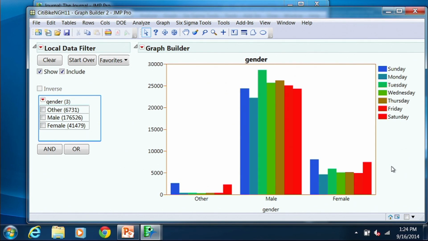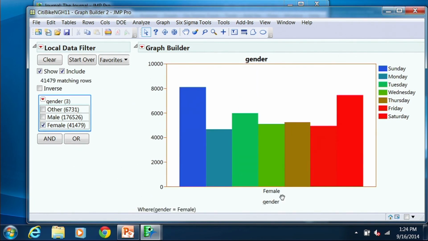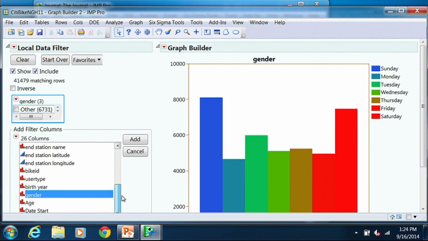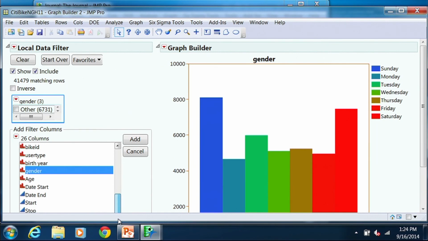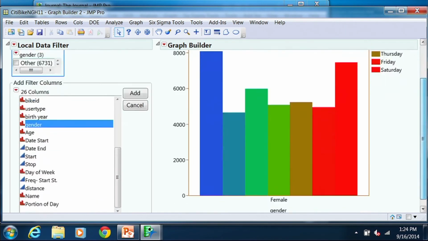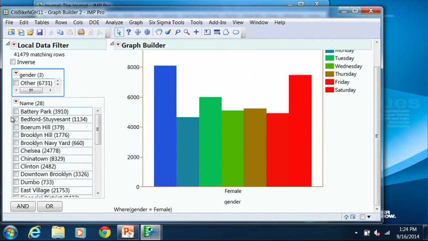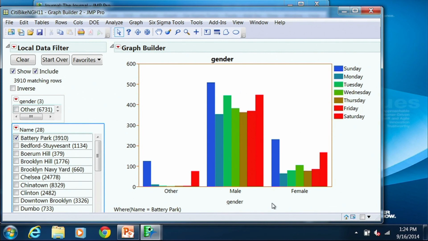So we started to use the data filter here and sort of looked at these. And what was nice is we could go through, and as we walk through some of these, we could add different information. We could bring in neighborhood. What role does neighborhood play here? Let's look at Battery Park.